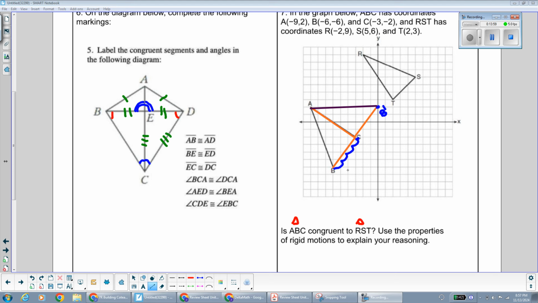So we're just going to take B and count how many spaces it is to C, and then move an equal number of spaces on the other side of the line. And right now the orientation looks good. A matches up to R, C matches up to T, and B matches up to S. Now we just need to check out if we can land them on top of each other.